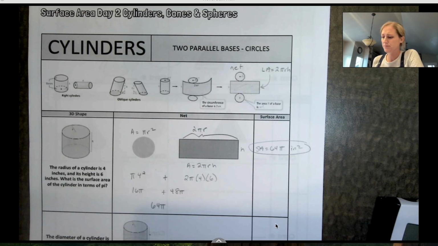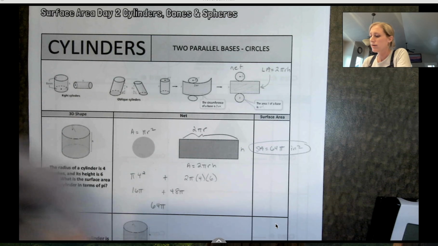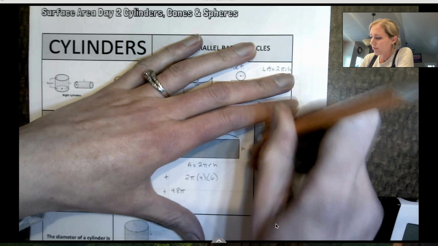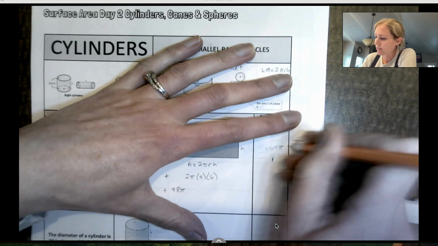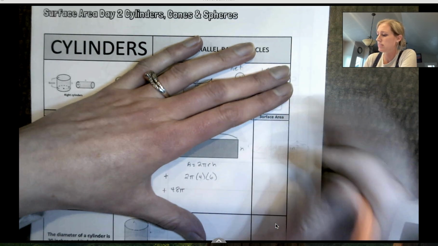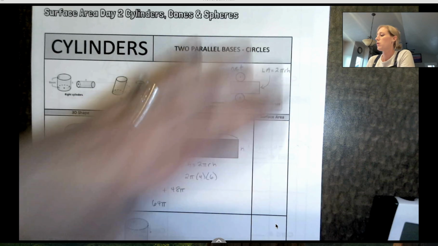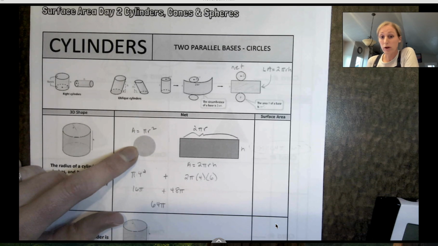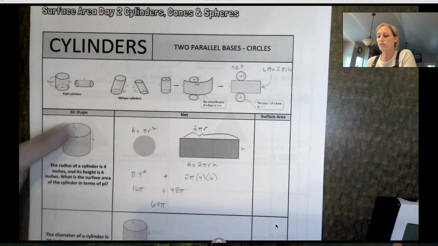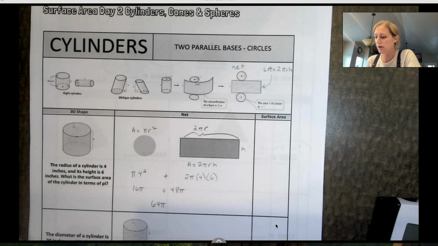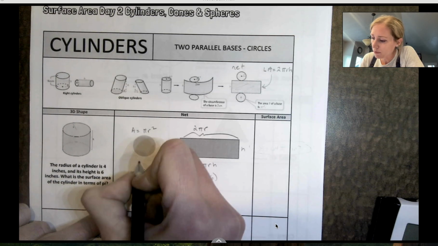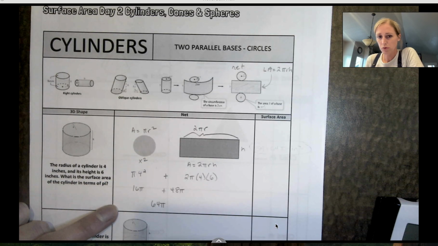All right, oh, I forgot one thing. Sorry, you guys, that is not correct. I'm glad I made this mistake because it's a mistake I see students make a decent amount. Remember, I only drew one circle, but I have 2 circles here. We have the top and the bottom. So we need to multiply this by 2.